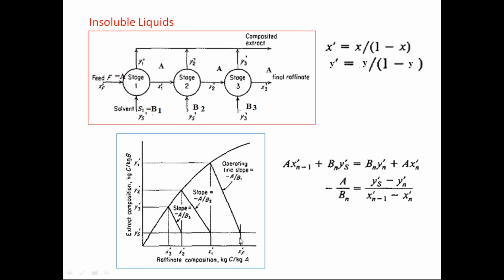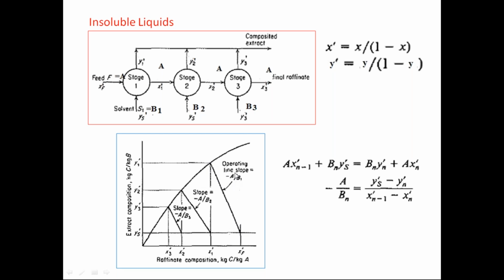So this is the line which you can draw with the slope of minus A by Bn. How much A is there, you will be knowing. And how much solvent you are adding will be known to you. If you add more solvent, then you will get a slope like this. If you have less solvent, then you will get a slope like this.